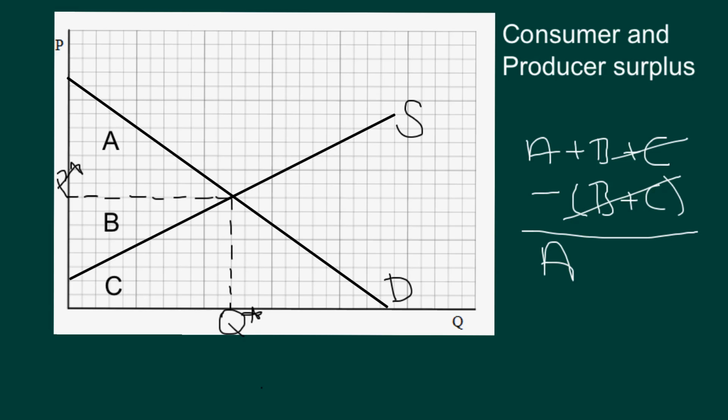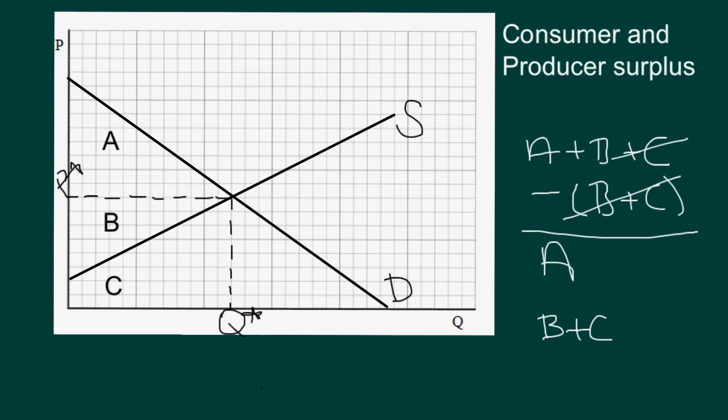We've already talked about what they are paid. It's the total revenue that they receive from the consumer, so it's the P star times the Q star. The BC area is their total revenue. But all they needed to be paid was the area represented by C. For this particular quantity, they had to be paid that price right there, and for this quantity that price. So this entire area C represents what they needed to be paid.